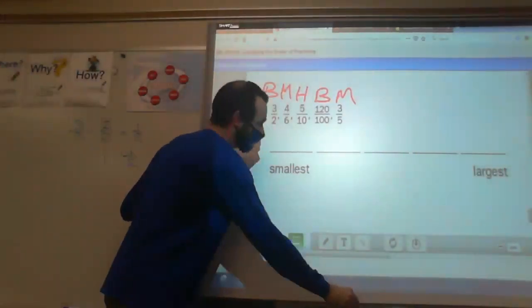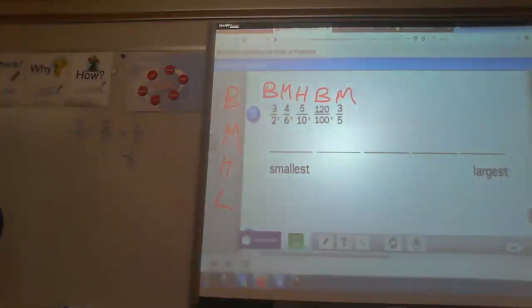Okay, so you should be able to figure out which one is the smallest right now. Write in which one is the smallest.